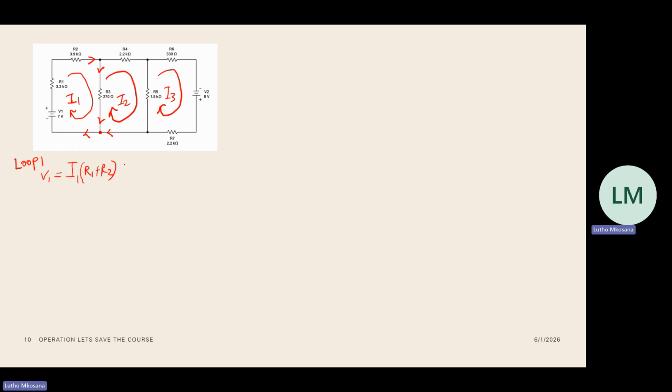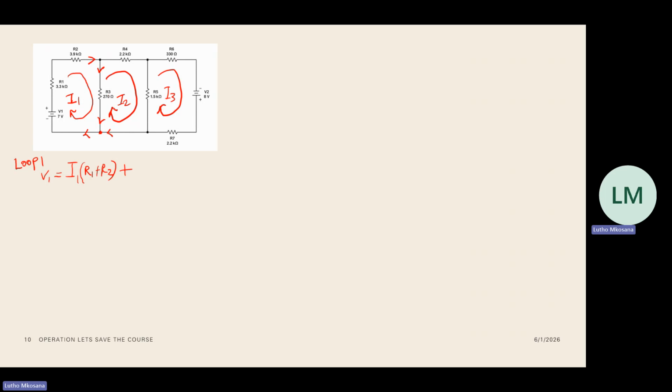So plus we have this R3 here. But the thing is with R3, there's two mesh currents that are affecting it over here, because we have I1 in this clockwise direction relative to this resistor, and we have I2 that is opposite it.